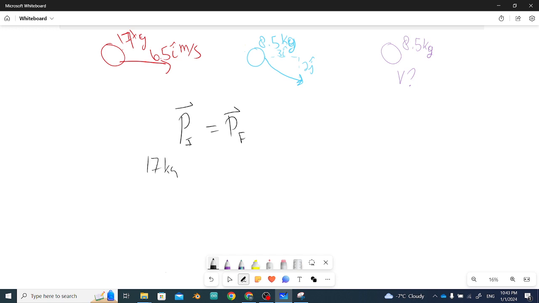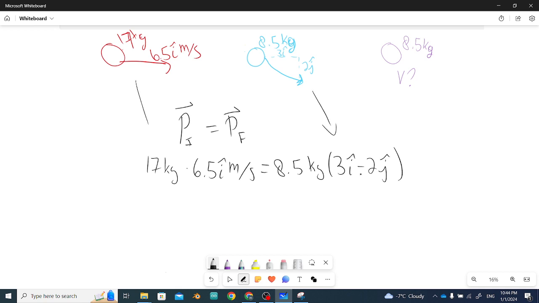So 17 kilos times 6.5 i meters per second is going to be equal to 8.5 kilograms times 3i minus 2j, that's the velocity of this one here, and this one here, we're just going to keep it like that, times Vf, which we're going to find because this is what we're trying to find.